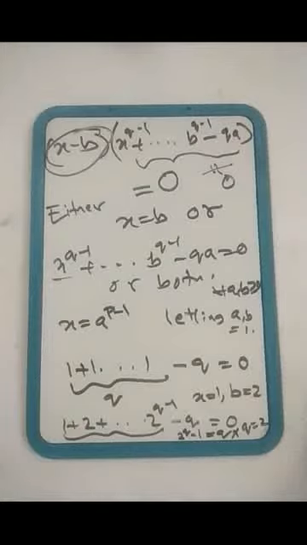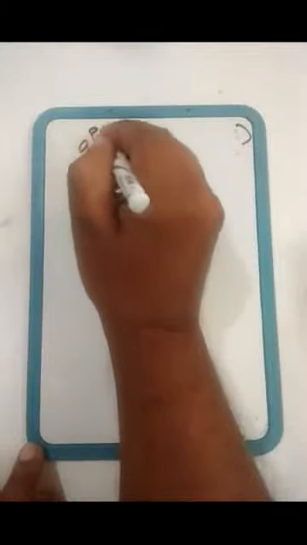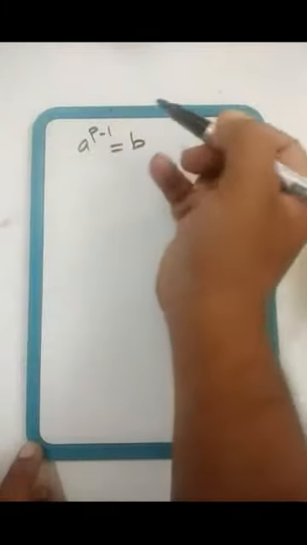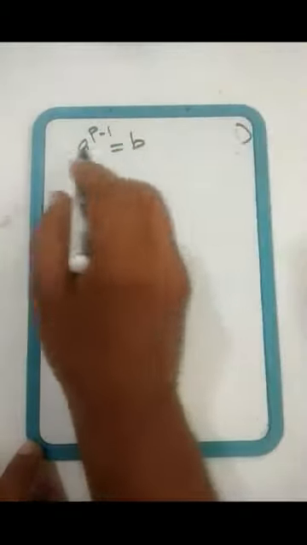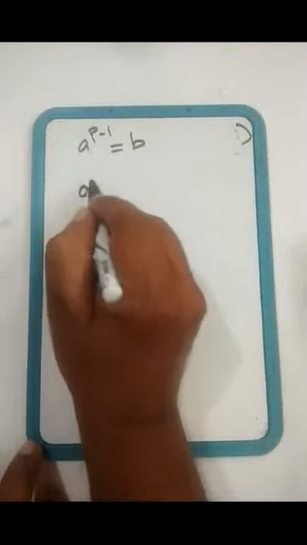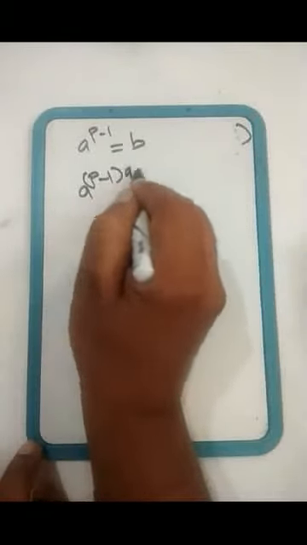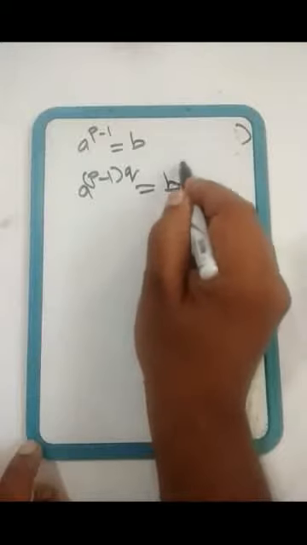So if x is equal to b, what case do we have? We have that a raised to p minus 1 is equal to b. So raising on both sides to the qth power, a raised to p minus 1 times q is b raised to q.